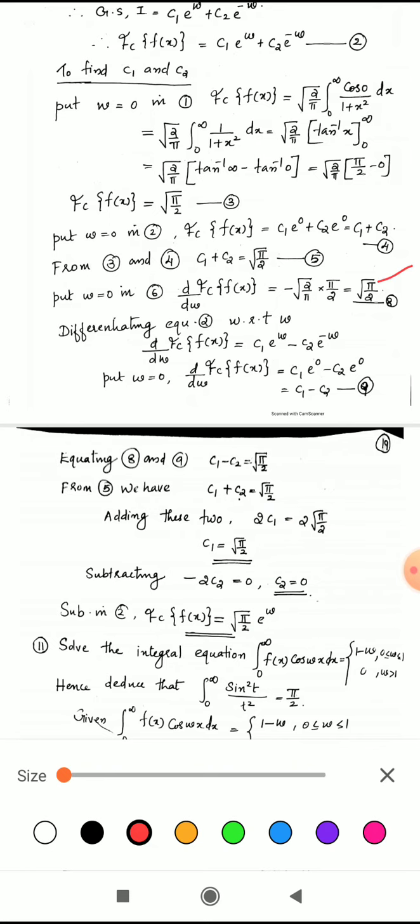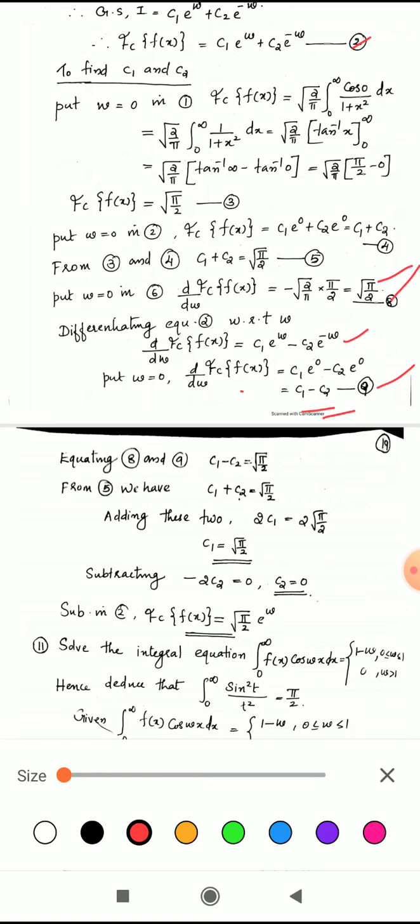Now we differentiate equation 2 with respect to omega. We have d by d omega of fc of f of x equal to c1 e raised to omega minus c2 e raised to minus omega. Put omega equal to 0 in this equation. We have this is equal to c1 minus c2, that is equation 9.